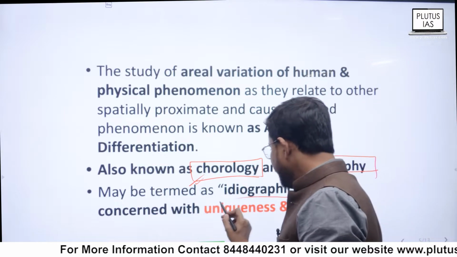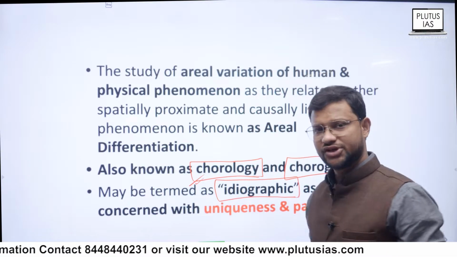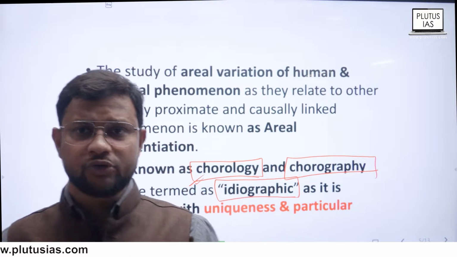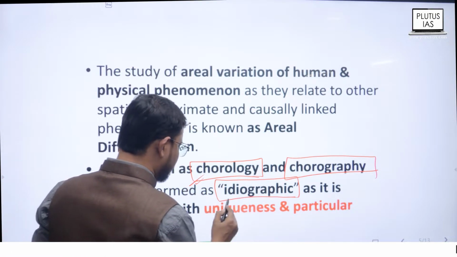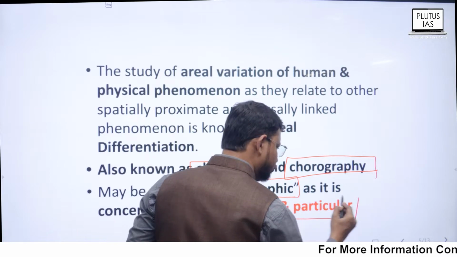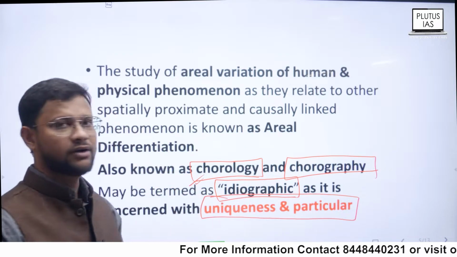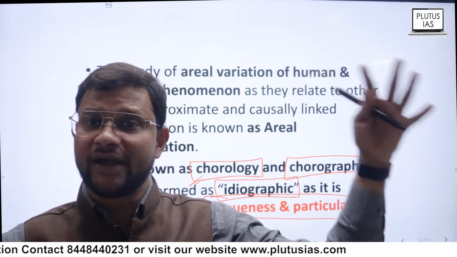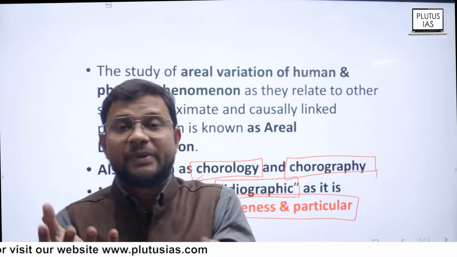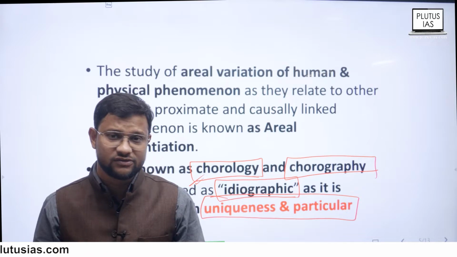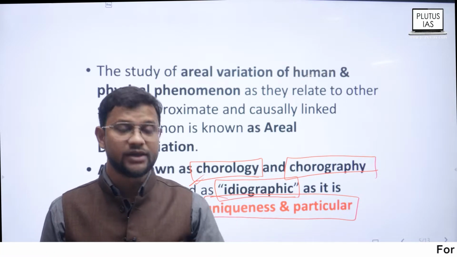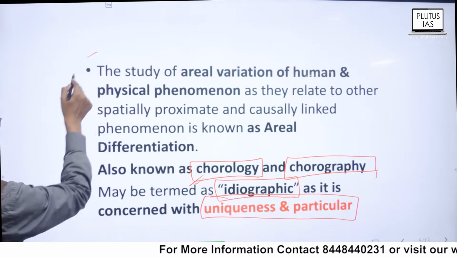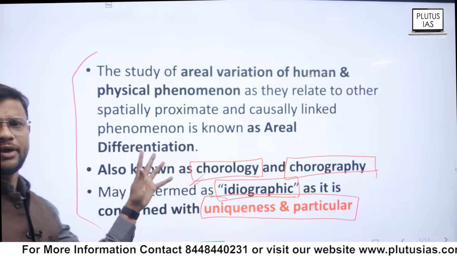It may be termed as idiographic, monothetic and idiographic, systematic as well, right? So what is idiographic, do you know? That focuses on uniqueness and particular characteristics over a region. When you find differences, you will find that some specific characteristics have evolved, and thus areal differentiation has been in practice since time immemorial.